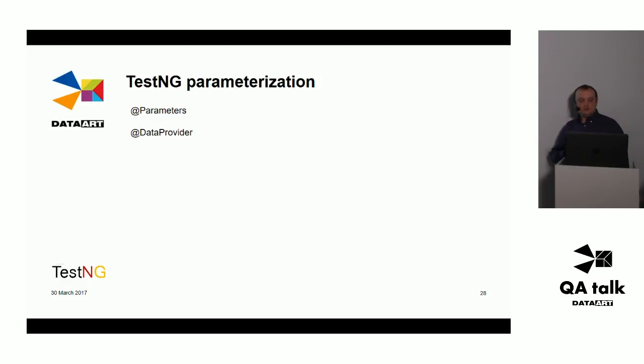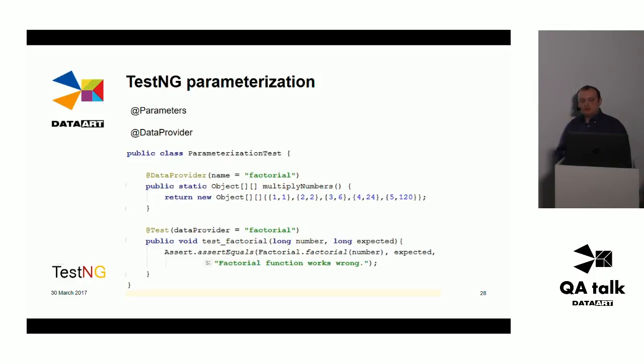You can use parameters and data provider. For example, you have some set of values, and you can execute this test with these values. And the main thing here is that another test that is added here wouldn't be executed the same number of times as we have values here.